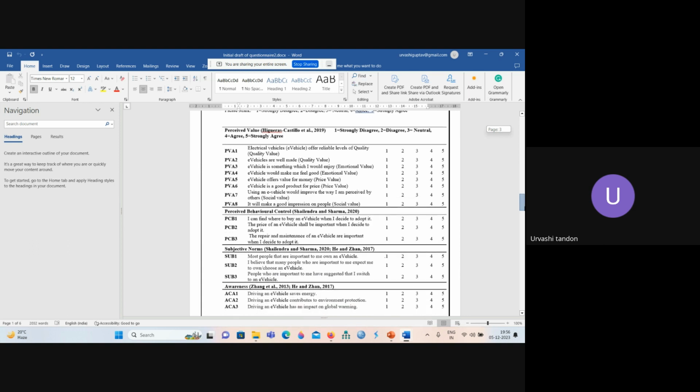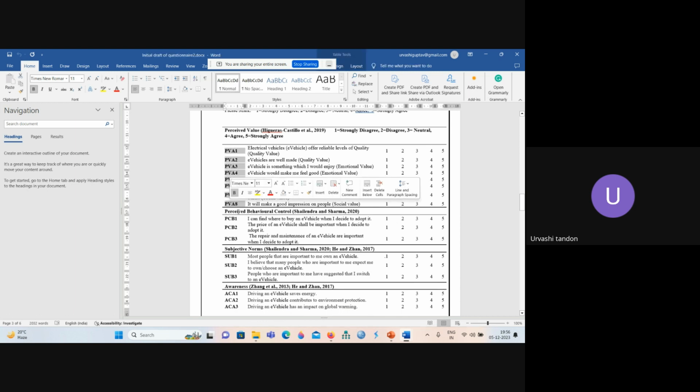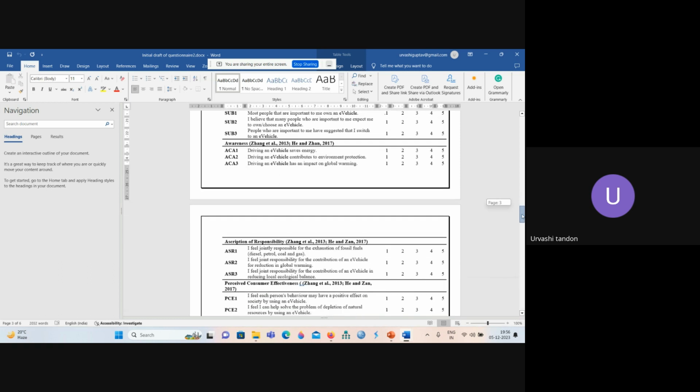And you can see the coding I've given in the very initial stage. Even when I make the Google form, these are the codings, right? Since this is for pre-testing, we need to give the name of the construct, let's say perceived behavioral control, and the source from where I have taken these items. This is how we format the questionnaire.